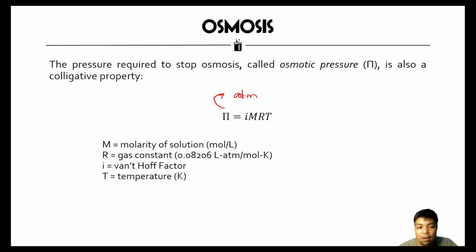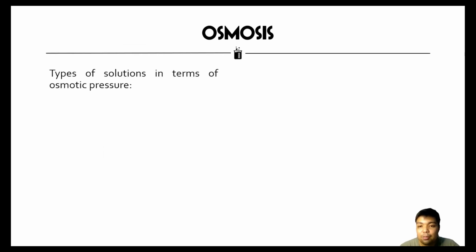Okay. Now, because of the presence of this osmotic pressure, your solutions can be classified in terms of their relative osmotic pressures with respect to their external environment, if the reference solution is isolated by a semi-permeable membrane.